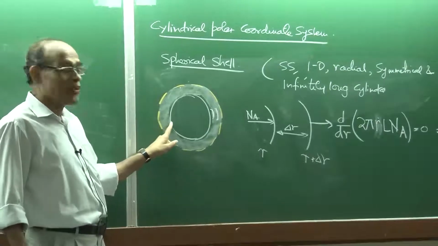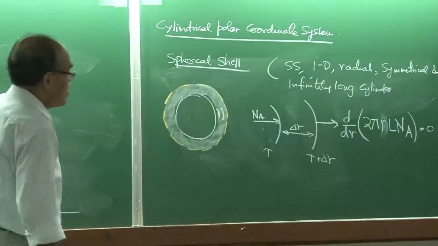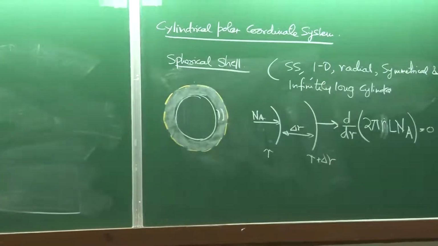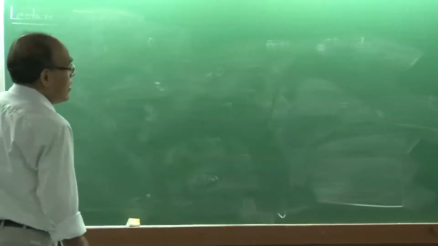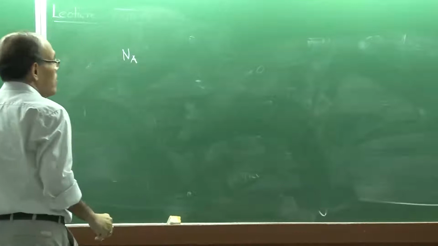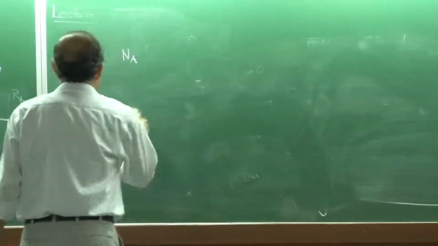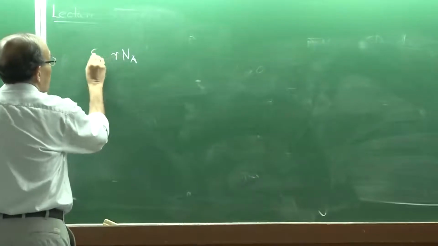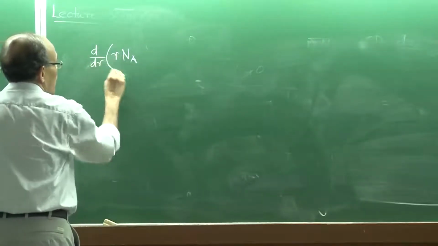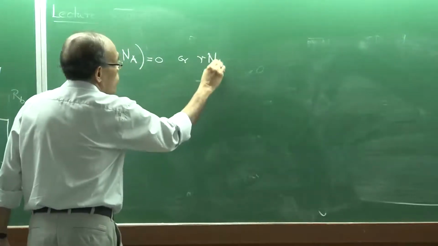So the concentration of gas will be known here, the concentration of gas will be known here. So if you want to do it with mole fraction or concentration, that's fine. So let us say that we will write Na is equal to, in this particular case, R. This is our governing equation, or R Na is constant.